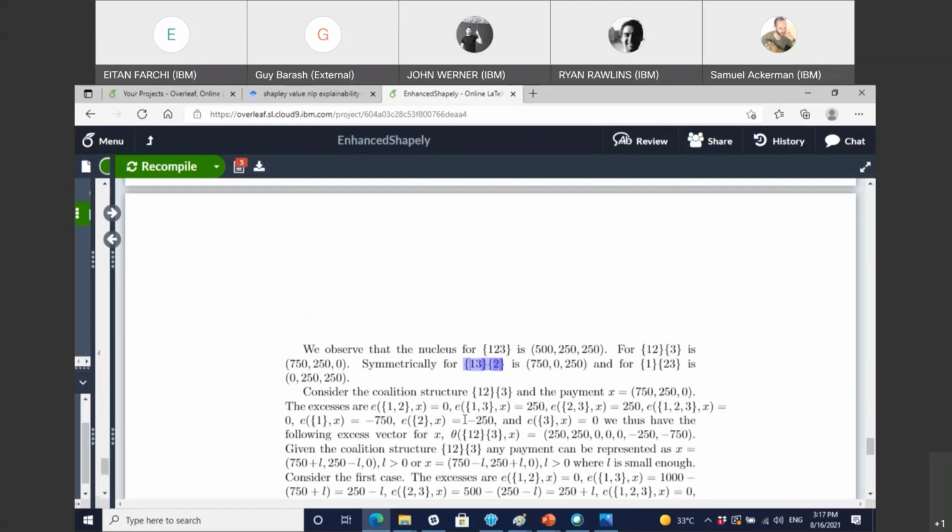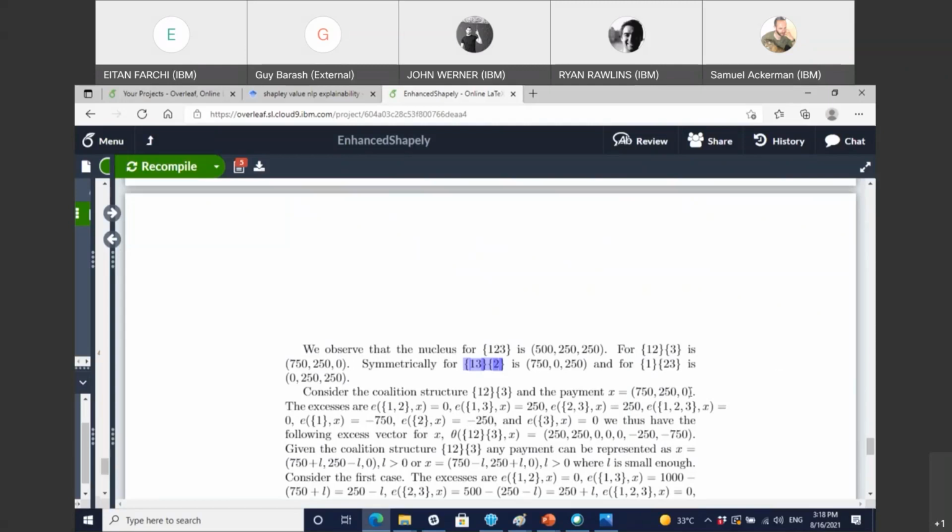For instance, if player number 2 breaks the coalition structure, by himself player number 2 can do nothing, so it's a 0. And now he's making 250. So 0 minus 250 is minus 250. So that's the excess. It's a negative excess. Clearly it's not worth it for player number 2 to break the coalition and go by himself.